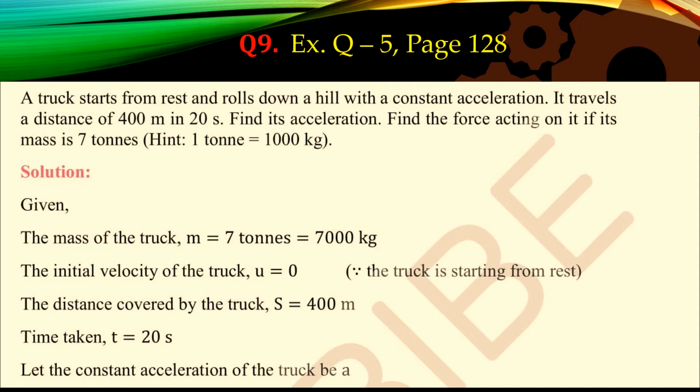That means the time is 20 seconds. And last, the mass of the truck is also given. It is 7 tons. When we convert that into kilogram, it is 7,000 kilogram. So we have the initial velocity, distance S, time and the mass of the truck. Make sure that all the quantities are in SI units.